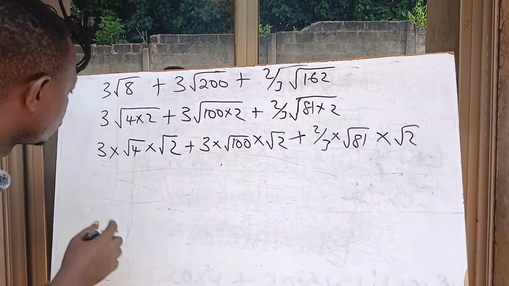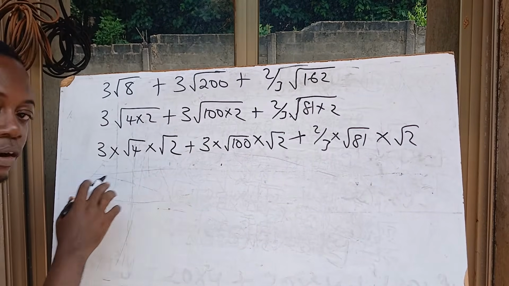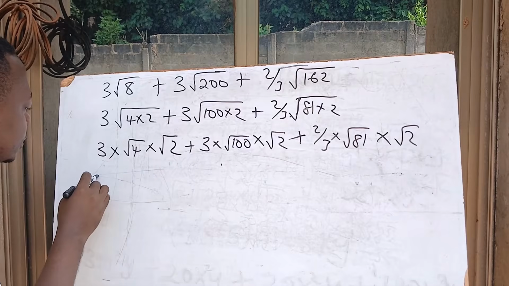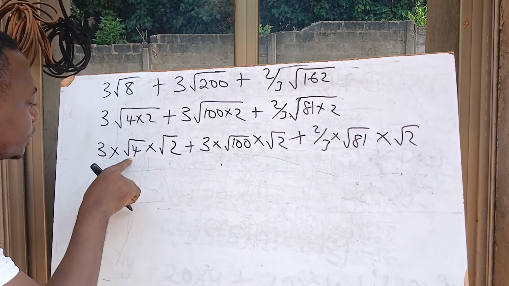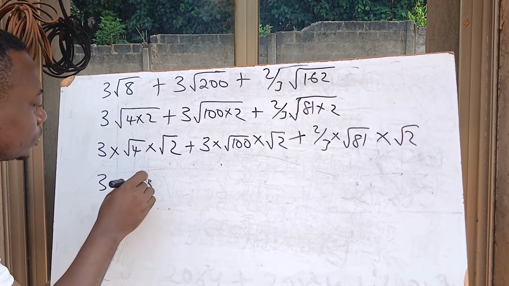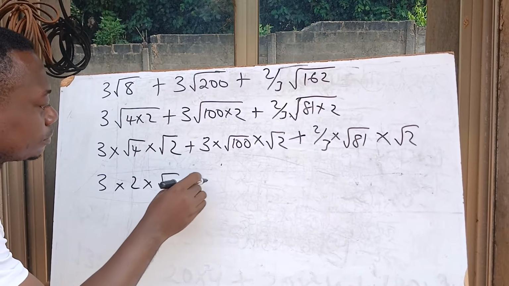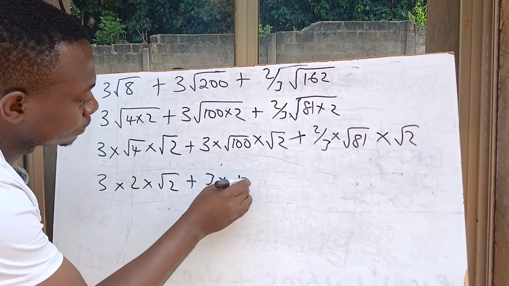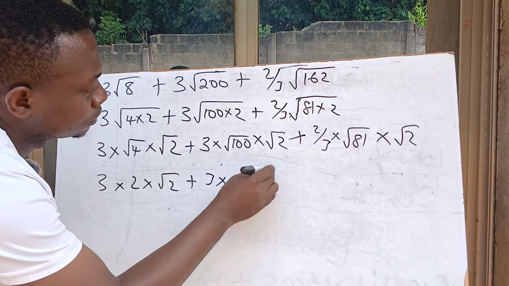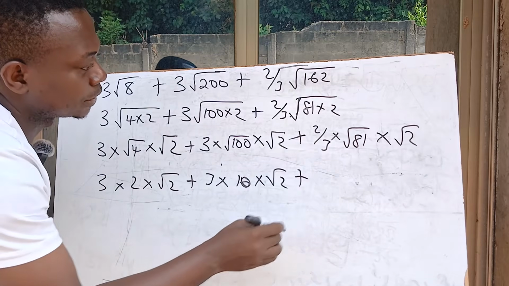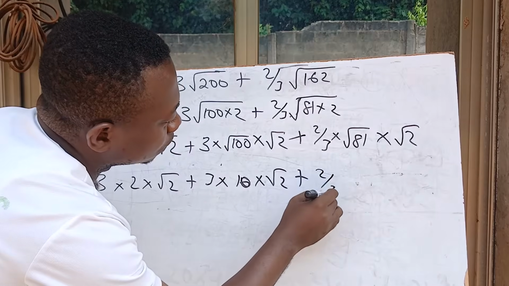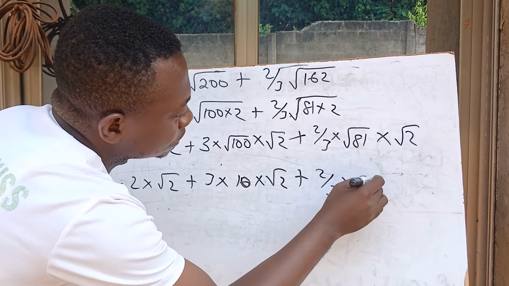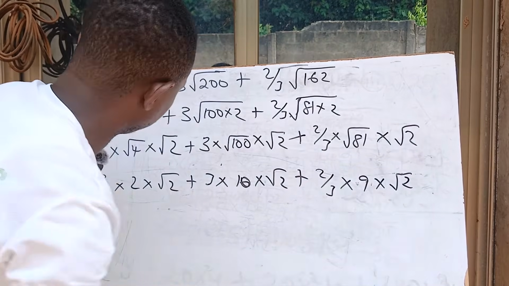Okay, so from here we can write this one as 3 times, remember, this one is 2 times square root of 2, plus 3 times, this one is 10 times square root of 2, plus 2 over 3 times 9 times square root of 2.